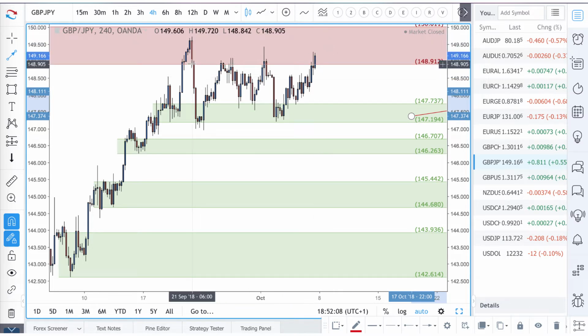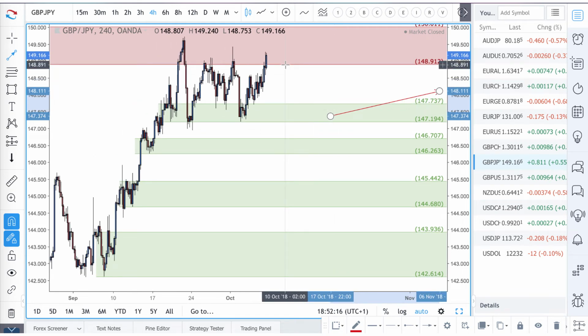So this is pretty much the two areas that you're looking to get long or short in from a supply and demand perspective. Always look for a bargain. If you feel that the pound is a bargain down here, then be a buyer. If you think the yen is a bargain up here, then be a seller.